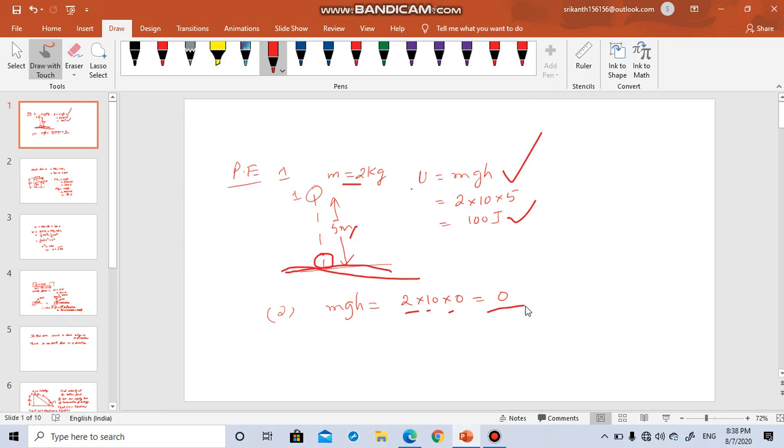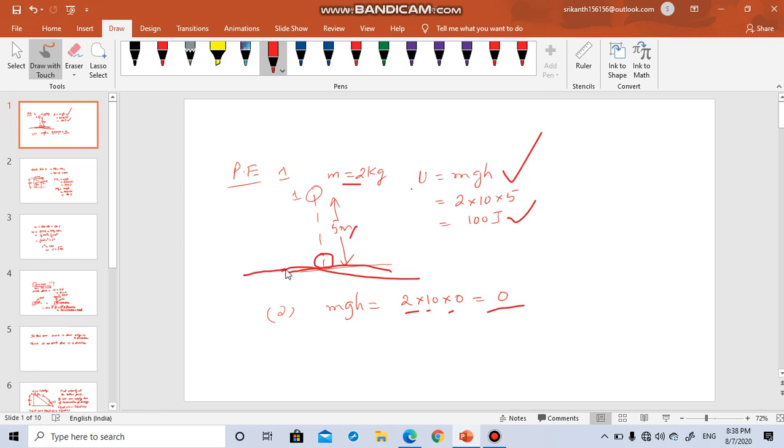When you go to a higher point, the potential energy value is increasing. From 0 it became 100. So this is how you are going to calculate the potential energy. Now always remember, whenever you are calculating the potential energy, you have to take a reference line.